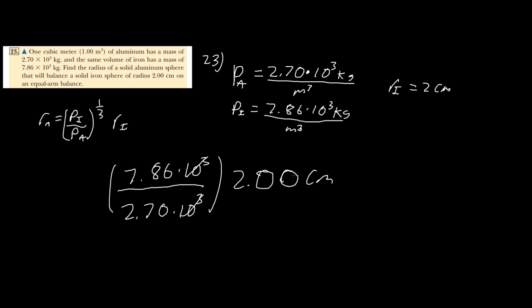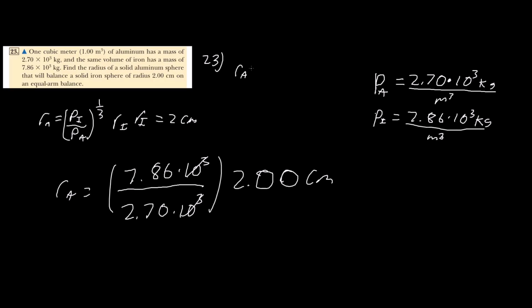Keep the units, and that should give you the radius of the aluminum. That is 7.86 divided by 2.70, to the 1/3, multiplied by 2, which gives 5.82 centimeters.